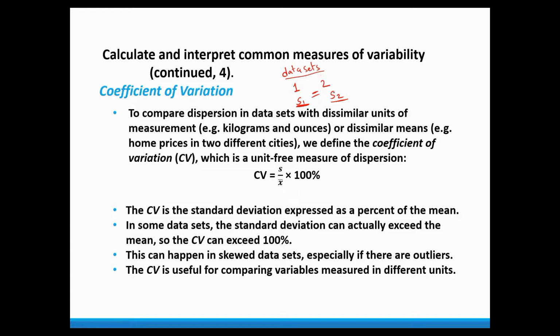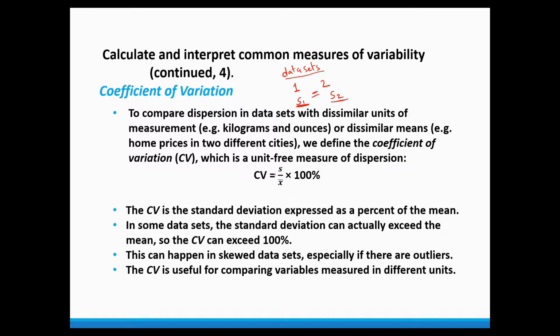Another example of why we would use the coefficient of variation: if two data sets have two different means, how can we compare the dispersion in two different data sets with two different means? So in order to avoid all these differences and to obtain a unit-free measure of dispersion, we calculate the coefficient of variation, CV.